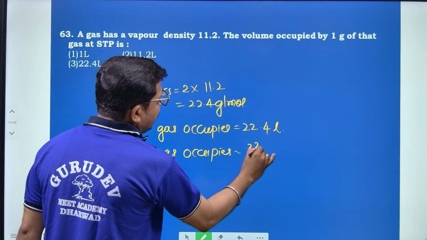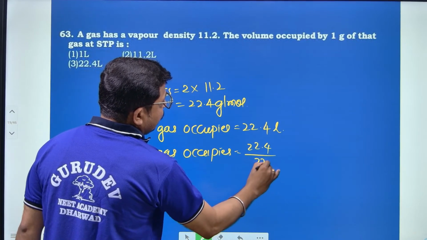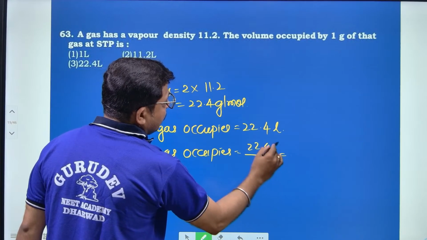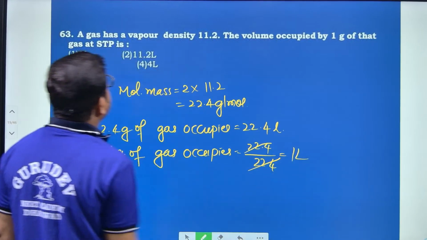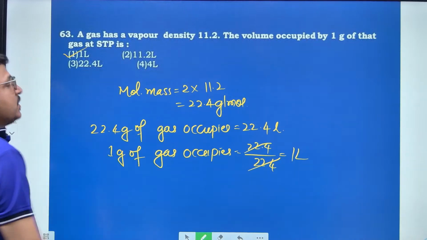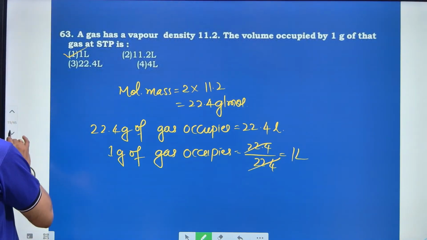So 22.4 divided by 22.4 is equal to, after cancelling, 1 liter will be the answer. Hence option number 1 is the right one.